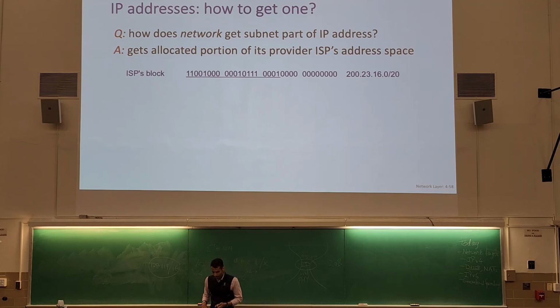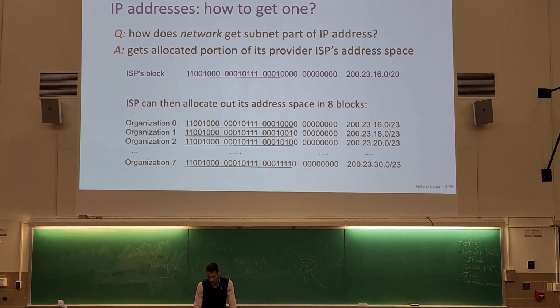Okay, so here's an example where an ISP has a /20. The /20 is truly 2 to the 12, which is about 4,000 IP addresses. And if it provides internet service to 8 organizations, in this example, it might split its IP address block of 4,000 across these 8 organizations, giving each a /23, which we know is 2 to the 9, or 512 addresses each.